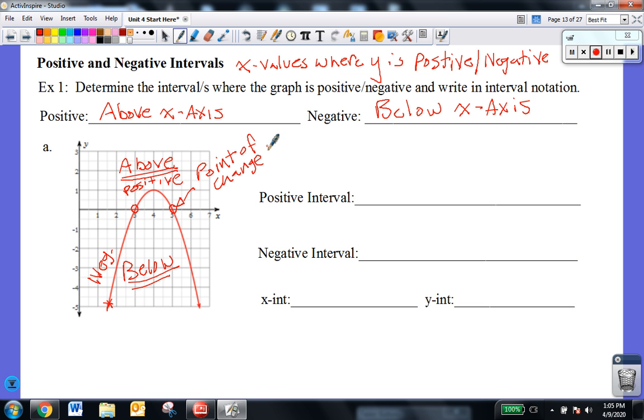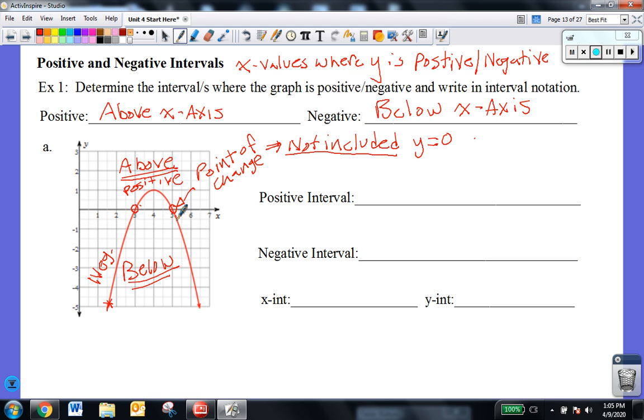And this is never included, because the y value is equal to 0 at that point. It is neither positive nor negative at these particular two x values.